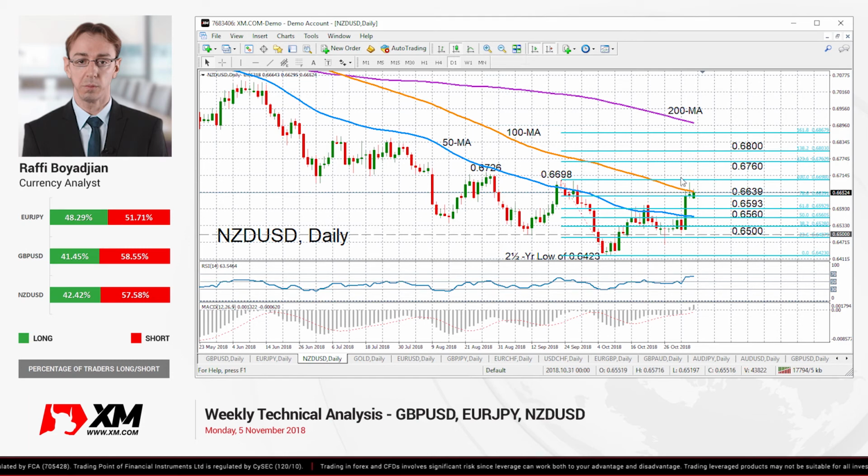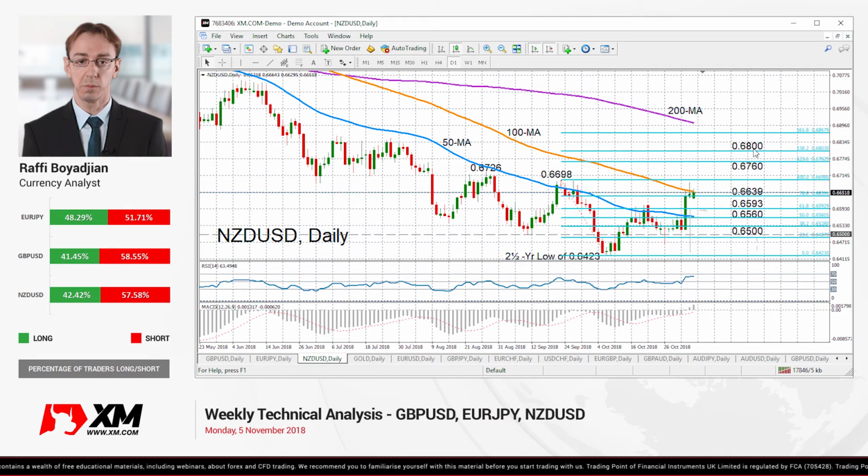At the moment, prices are being capped by the 100-day moving average, as well as finding it difficult to cross above that September top of just below the 0.67 level. So if we were to see a break above 0.67, we could then see the 123.6% Fibonacci extension of the downleg from 0.6698 to 0.6423 coming into range.